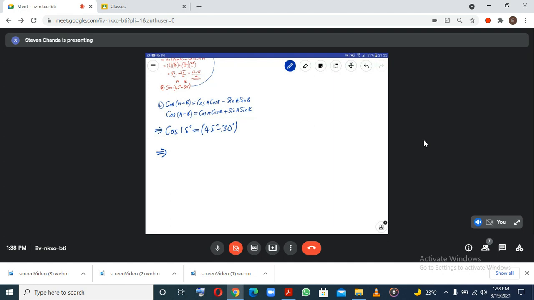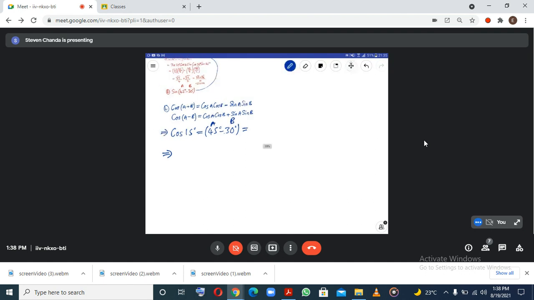We know that what we have there is subtraction. So here we've got our A, here we've got our B. We are going to have cos A cos B, then plus sine A sine B.